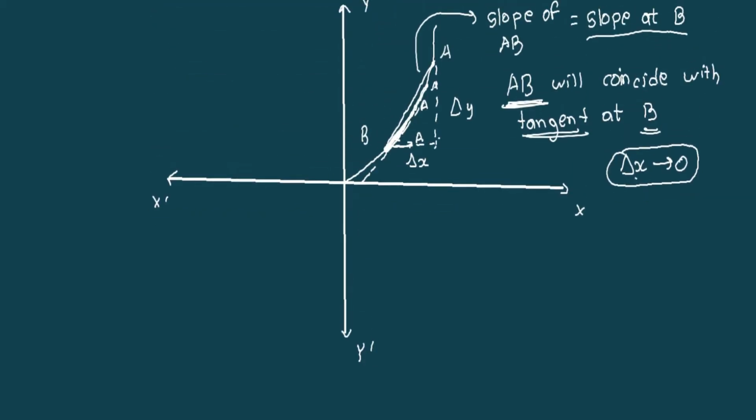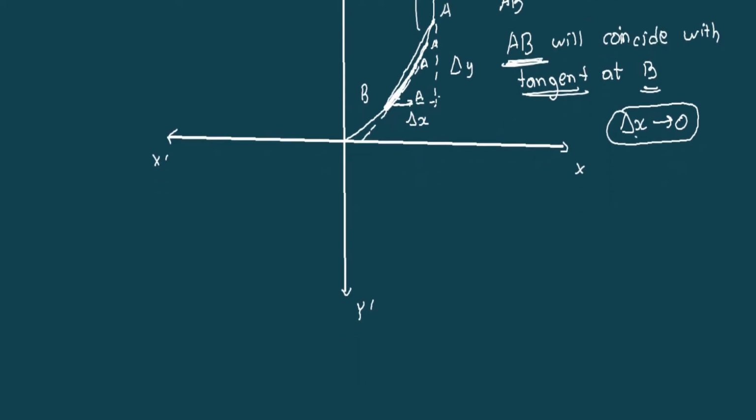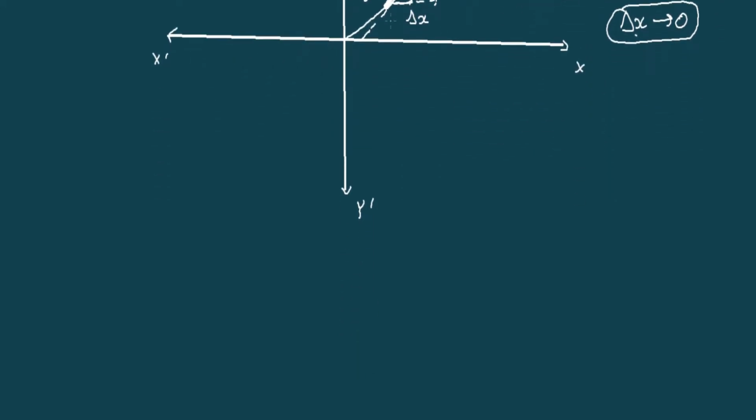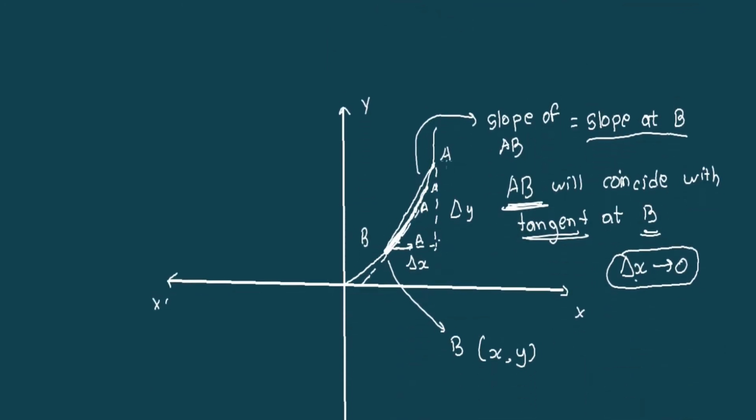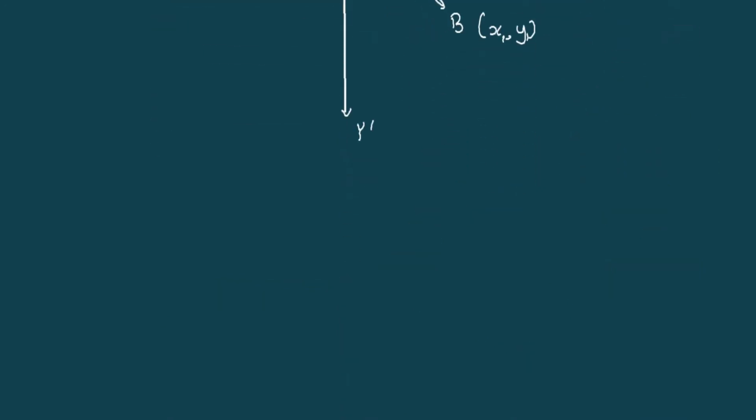Let's say that point B here is x comma y, and let's say that this is x2 comma y2. Let's keep this x1 comma y1. Now we're going to solve this using limits.